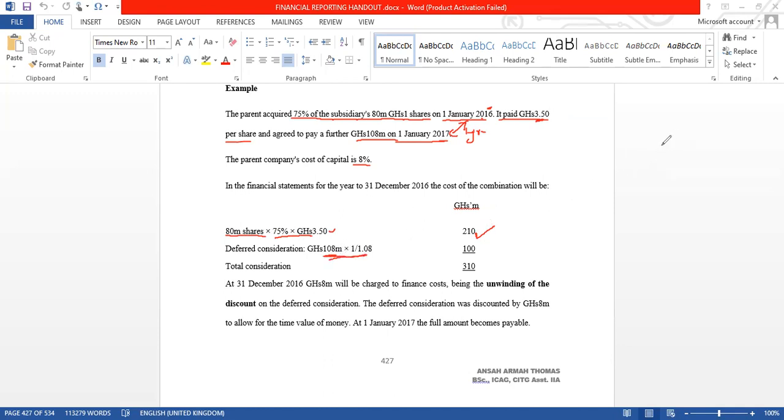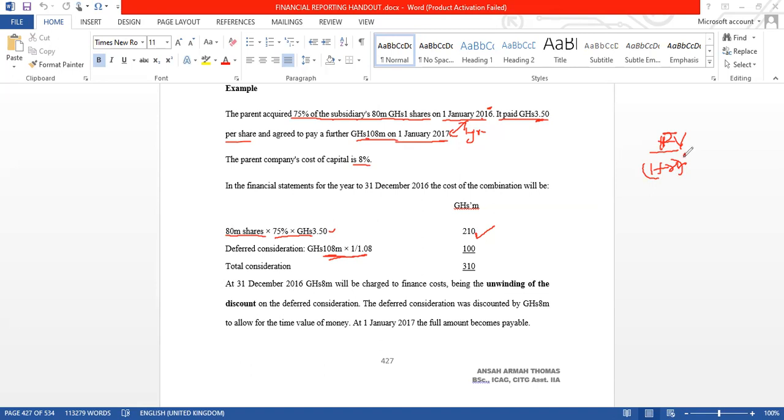So this is what I told you. So you have 1/(1+r)^n. This one, you can always replace by the future value, all right? The future value is this 108.